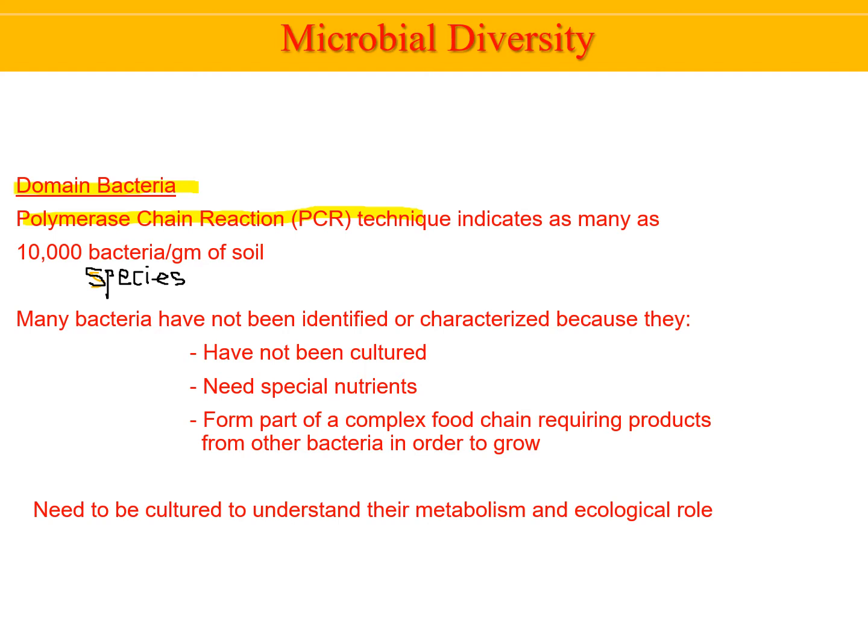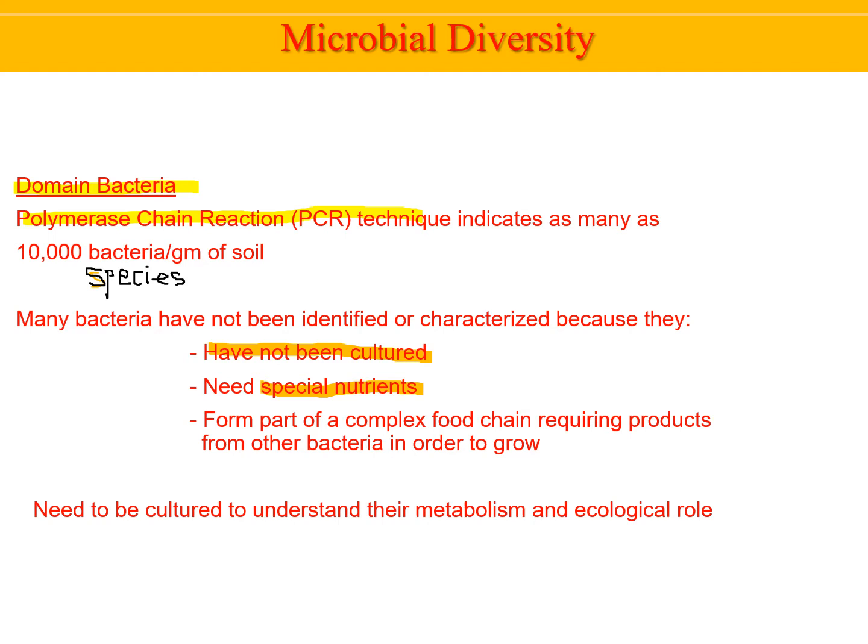Many of the bacteria, in fact, have not been identified and not been characterized because they can't be cultured. They haven't been cultured out of the samples taken from the environment. Often it's because they have special nutrient needs. Quite often there are bacteria out there that can only grow on the metabolic byproducts of another bacterium.